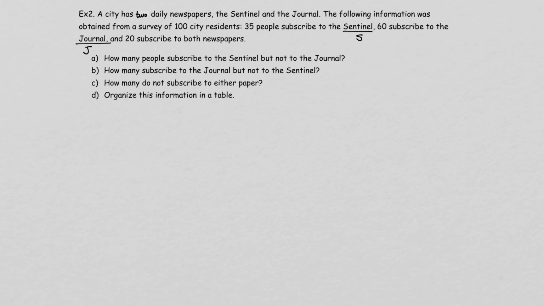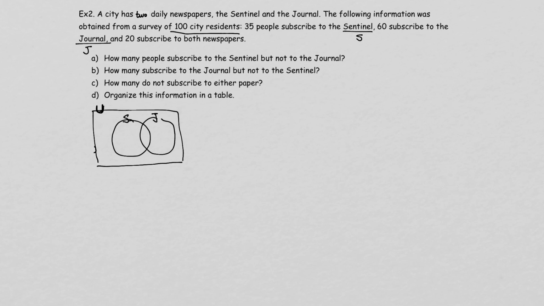And when we draw the Venn diagram, we will have 2 sets. The first one is the Sentinel, and the other one is the Journal. And this is the union set. And it's 100 city residents, so your union is going to be 100.